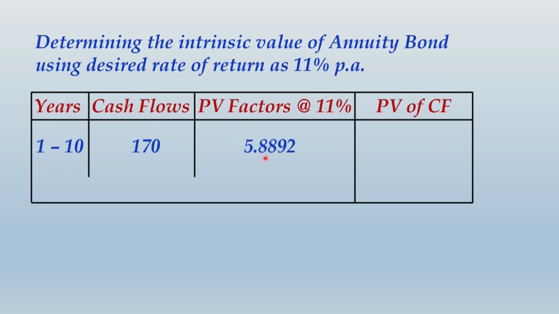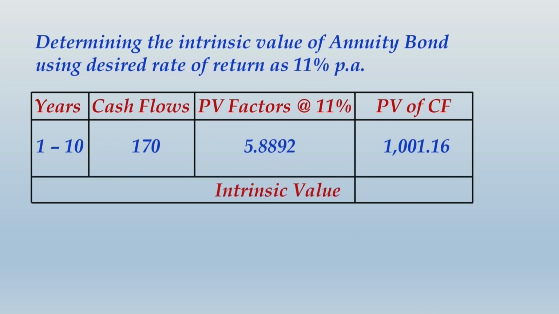So, we apply the annuity factor over these annuities. We will get the present value when you multiply these, and finally the intrinsic value is 1001.16. That's all. That is the end of the solution. Quickly take note of this, and then we shall move ahead. Alright friends, you would have finished writing this whole thing.